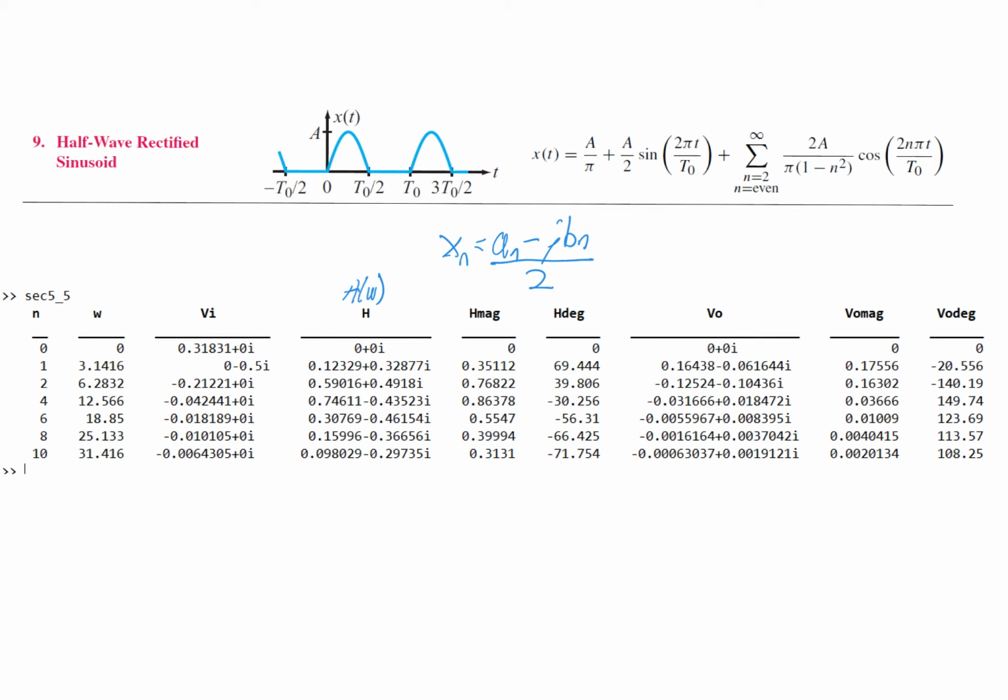Then for each of these, we calculate the output phasor, V_o equals the corresponding H times V_in. And what that does is we see here the DC component is blocked, it's times 0. It gives us the output phasor at each of these frequencies.